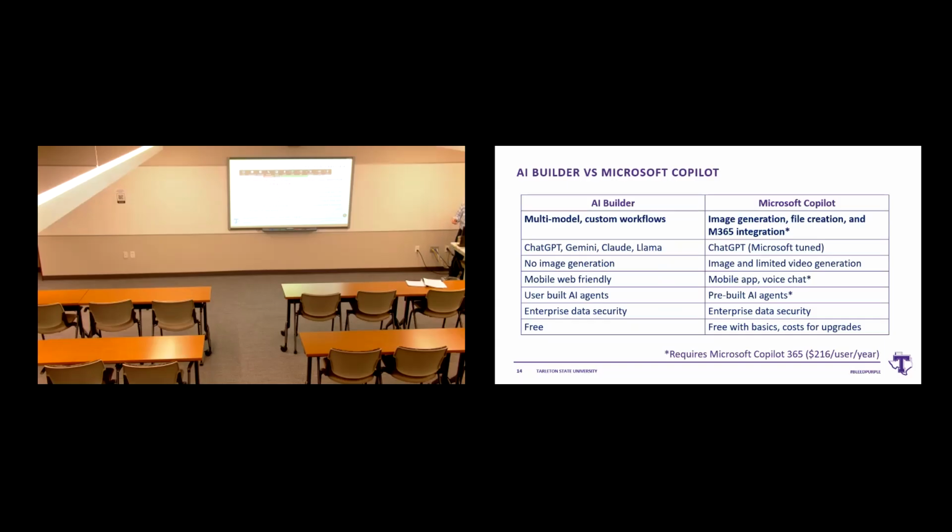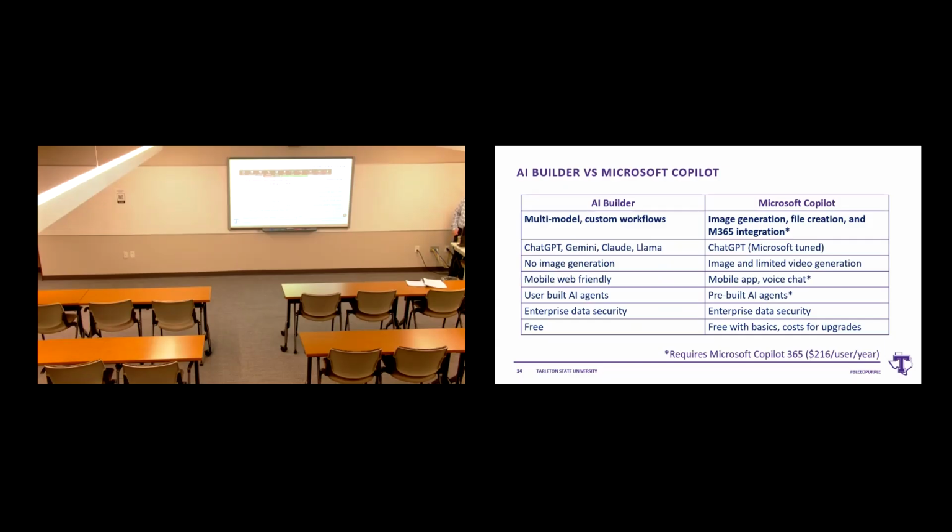So when we're looking at AI Builder and Copilot, AI Builder is kind of your daily usage now. It does most of this stuff better. Where it falls off and where you still may want to use Copilot is for image generation and then the occasional file generation.